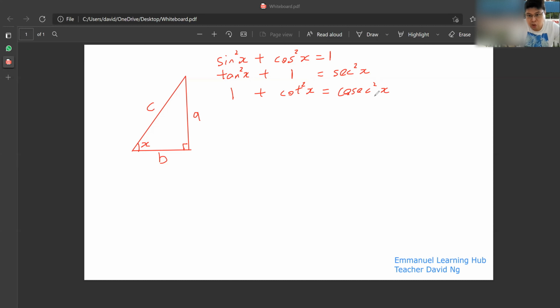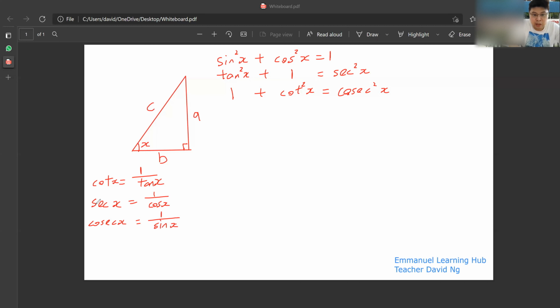What is cotangent square x? Your cotangent basically is just the reciprocal of tangent. So cotangent x is 1 over tangent x. Secant x is 1 over cosine x. And cosecant x is 1 over sine x.